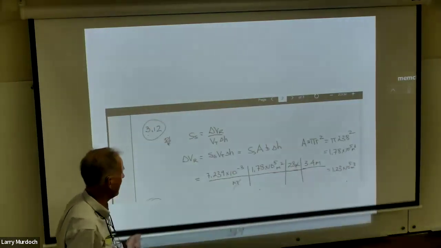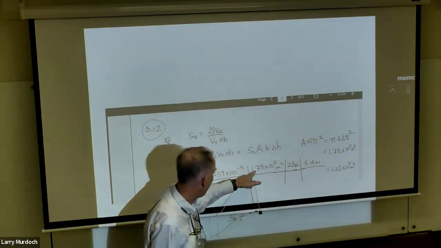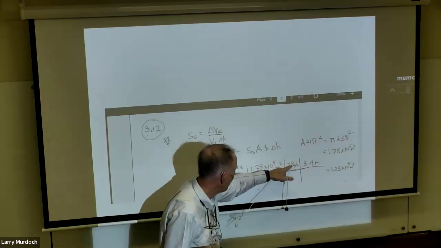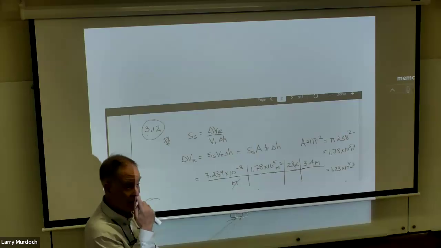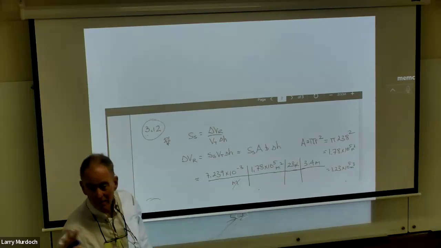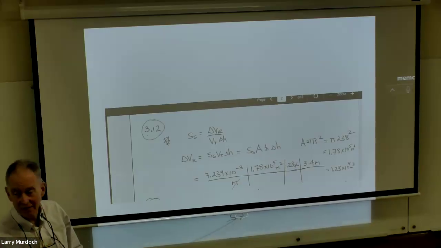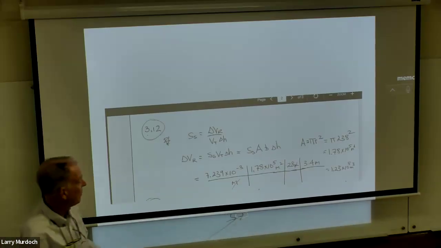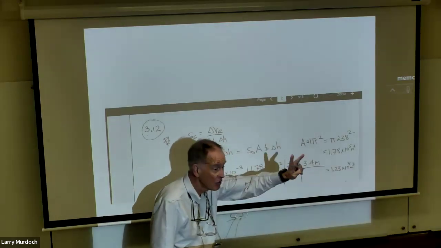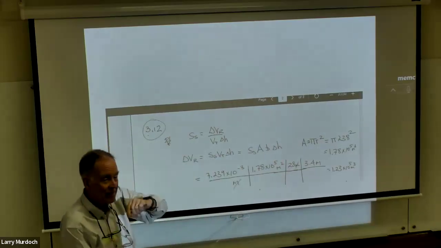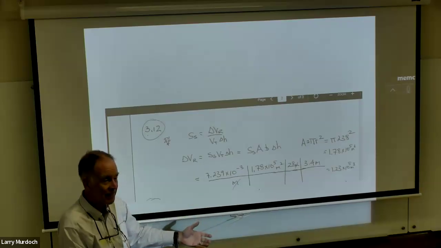These are the numbers: that and that, 20 meters thick and a head drop of 3.4. Remember, I'm sure everybody did significant figures in high school or junior high school, right? So how many significant figures do we have here? 2.